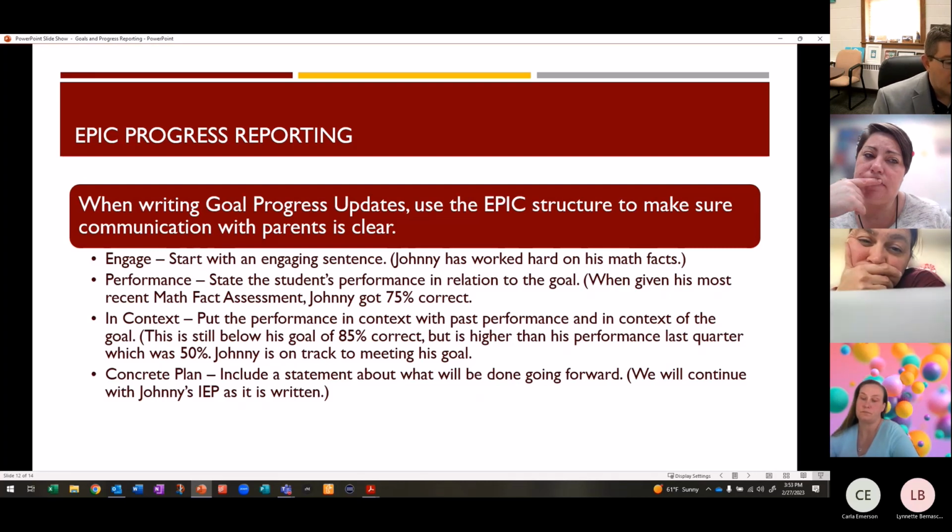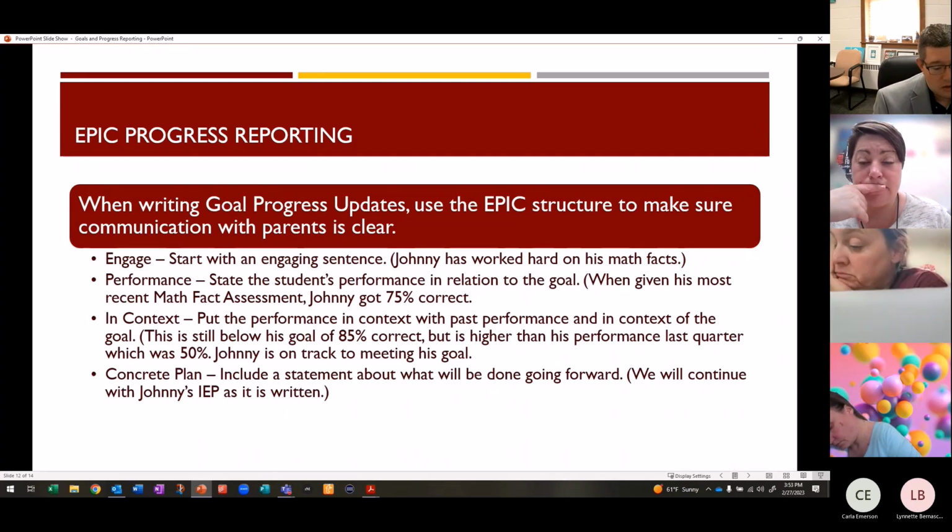And then a concrete plan. Anytime we're communicating with parents about the performance, they're going to want to know, well, what's next? We want to include a statement of what we're going to do going forward. In this case, we will continue with Johnny's IEP as it is written. If a student is scoring lower than we expected, we might say, we'll monitor this for another month, and then we may schedule another meeting if we aren't seeing improvement.